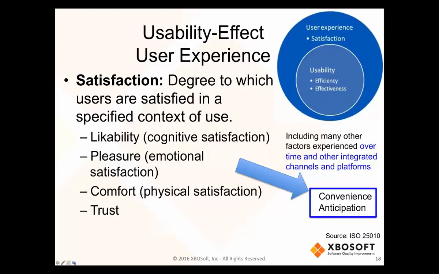This definition on the left here comes directly from ISO 25010, which defines what usability and satisfaction are. And you can see that pleasure and comfort and likability, those kinds of things really drive towards making a user feel good about things. And a lot of that can be driven through anticipating what they want and providing them with convenience.